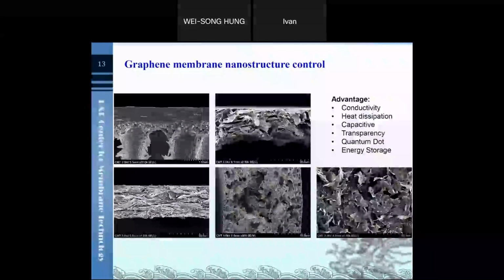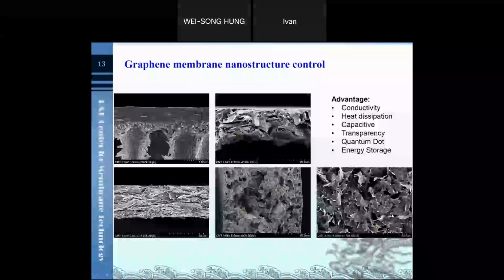So this slide also shows that from our lab we can prepare any kind of structure of the graphene. We can prepare highly laminar structures of composite membranes, highly porous structures, and each kind of structure for graphene application.